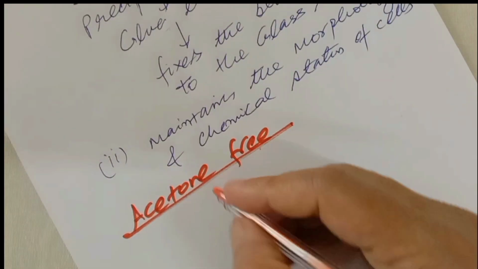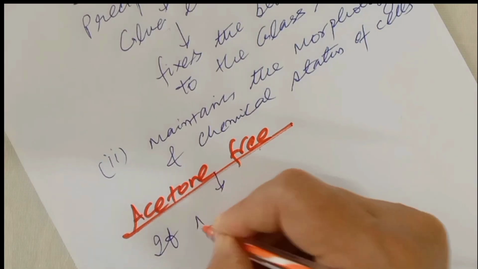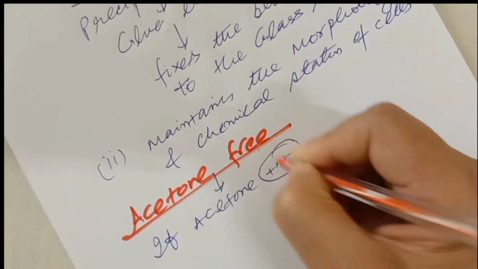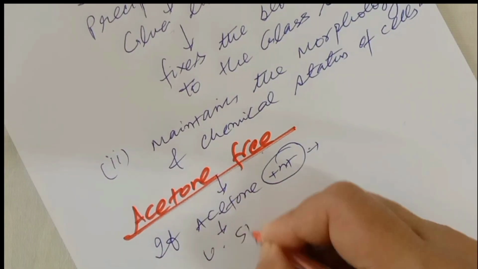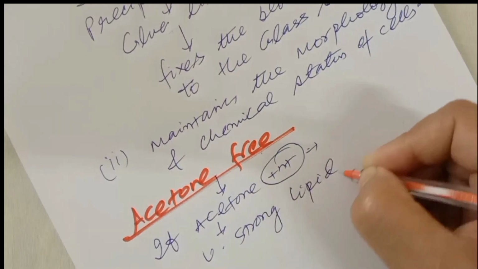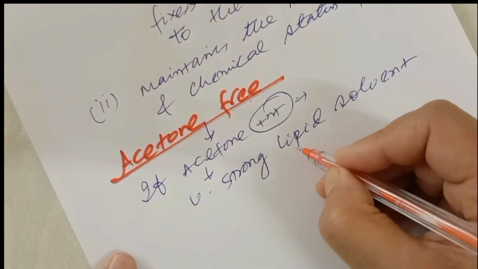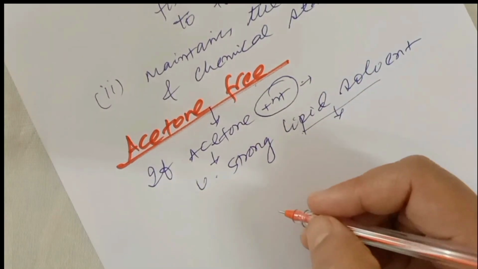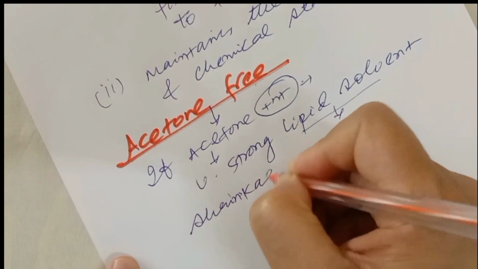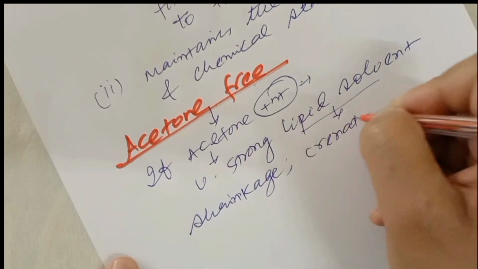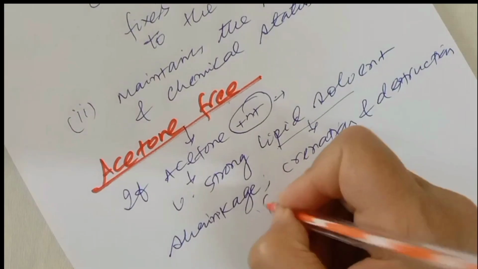Because if acetone is present, since acetone is a very strong lipid solvent, being a lipid solvent it dissolves the cell membrane, and it causes shrinkage, crenation and destruction of the cell membrane.